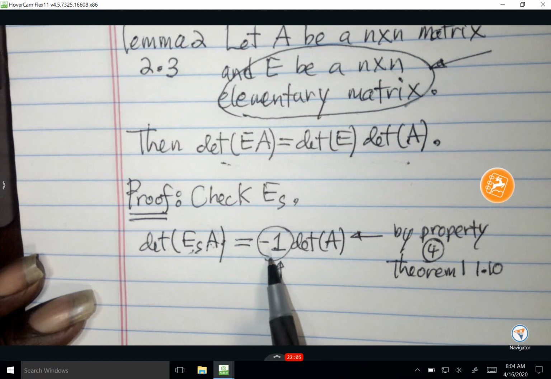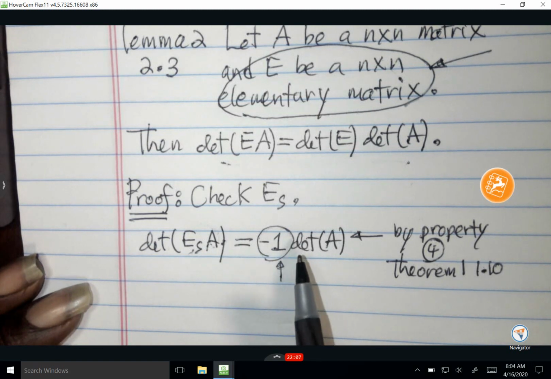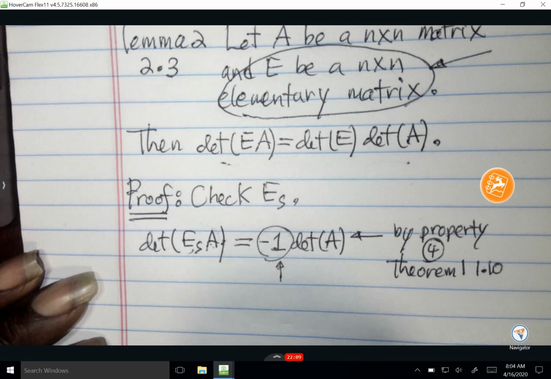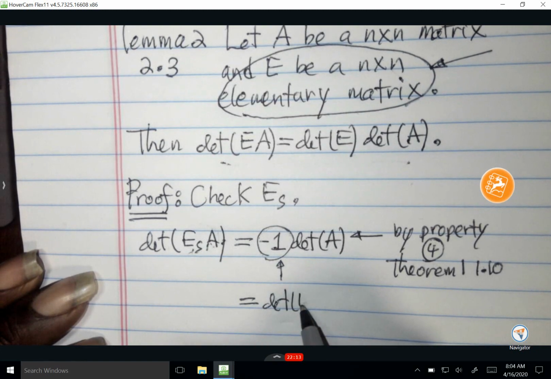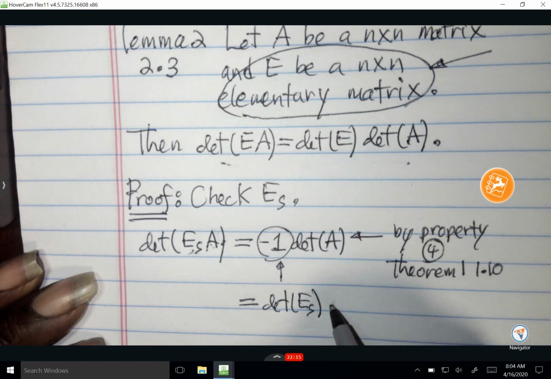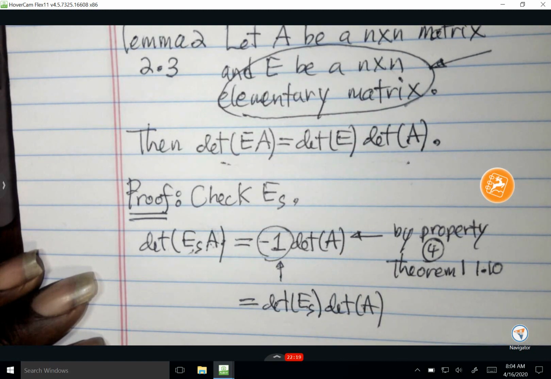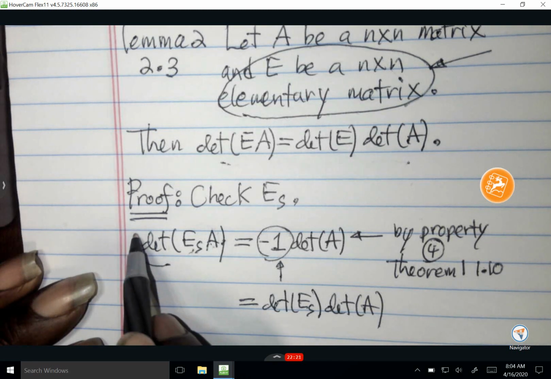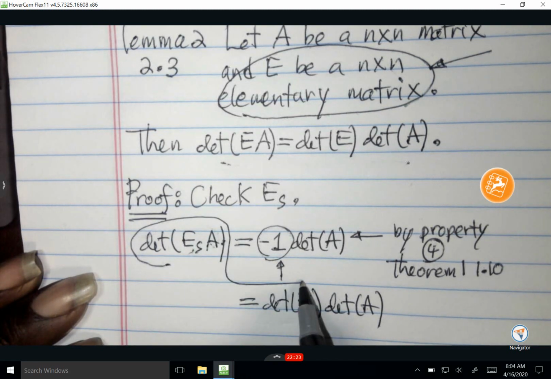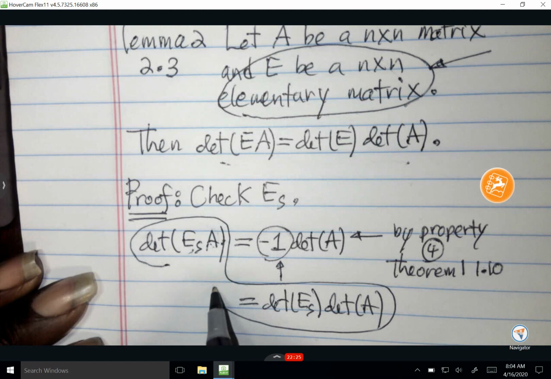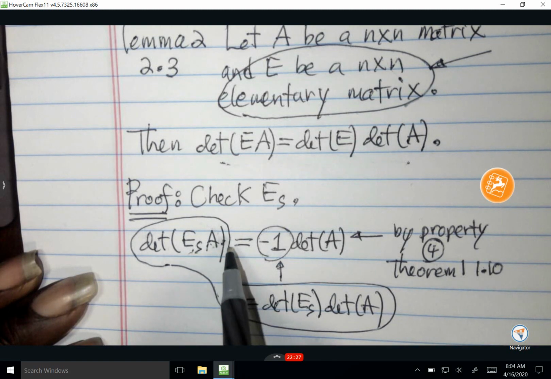So I can replace this minus 1 with the determinant of E-switch, and then bring your determinant of A down. And the theorem's proved when E is E-switch.